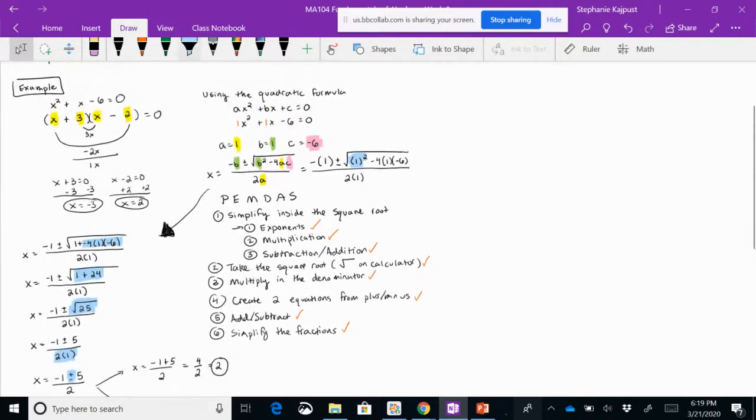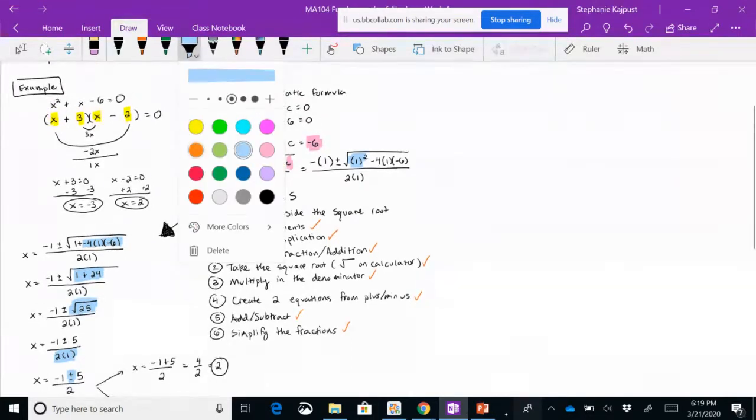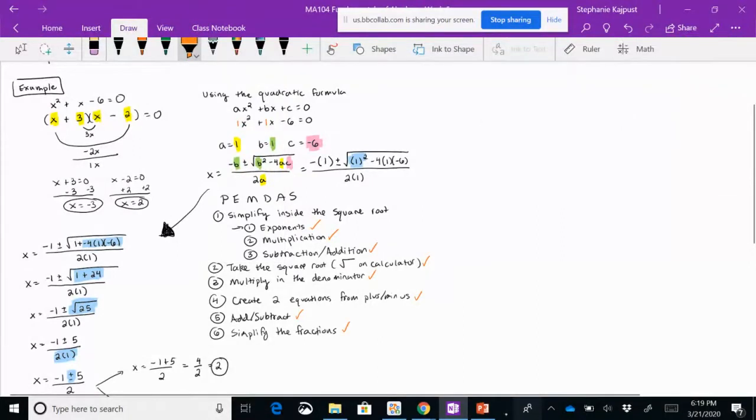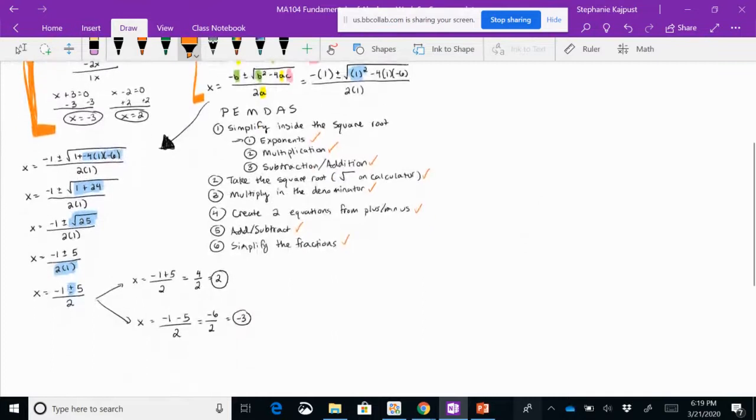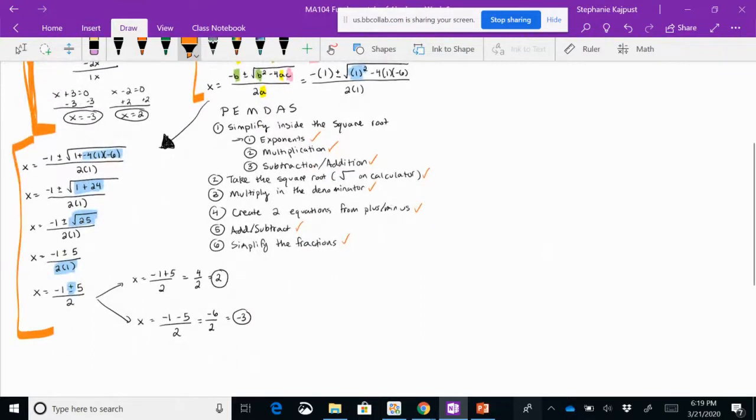The factoring part just took this much space. You know, that wasn't too bad. But using the quadratic formula took up this much space and all of that space. So it's a lot more steps. But you do get the same answer both times.